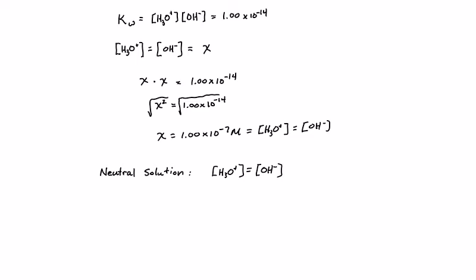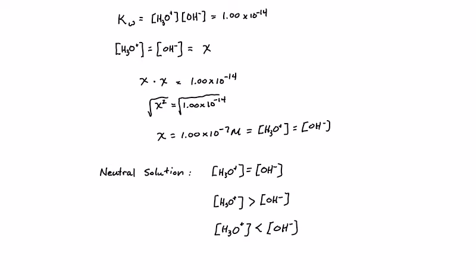But there's going to be other possibilities. We might find ourselves in a situation where the concentration of hydronium is greater than the concentration of hydroxide. Or we could have a situation where the concentration of hydronium is less than the concentration of hydroxide.